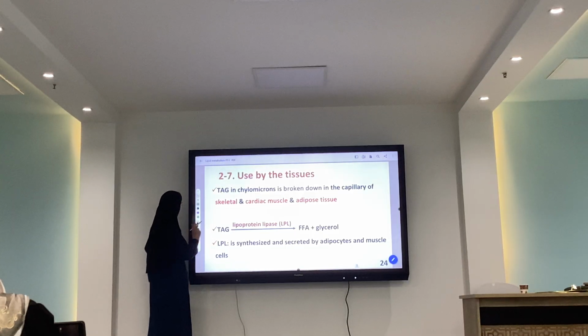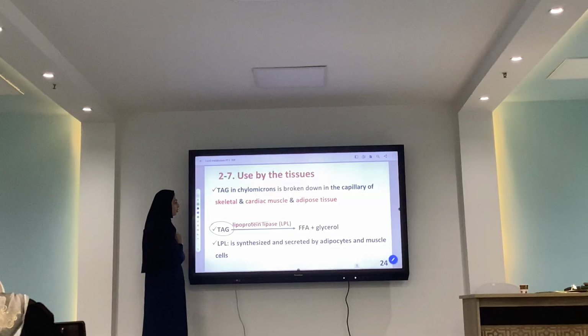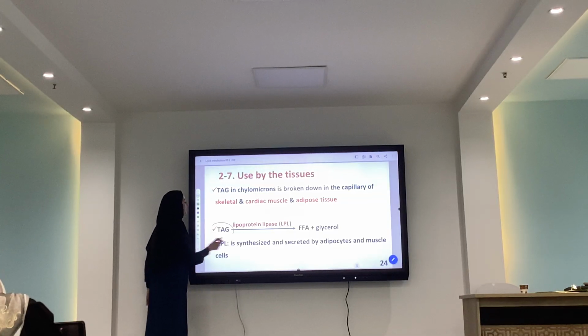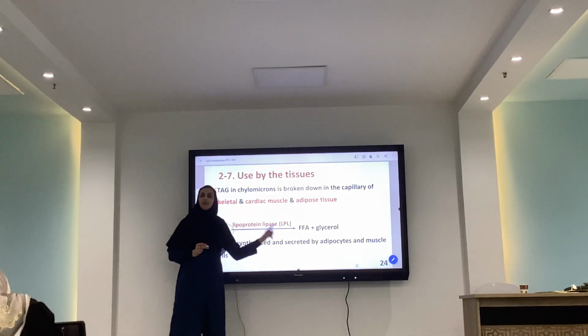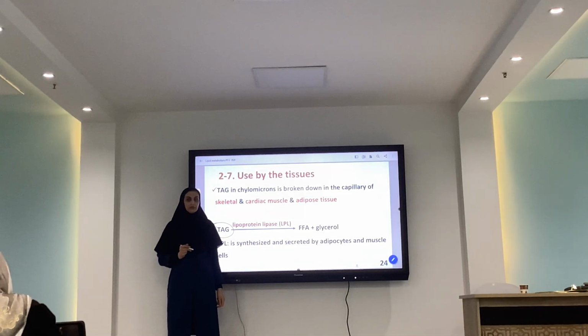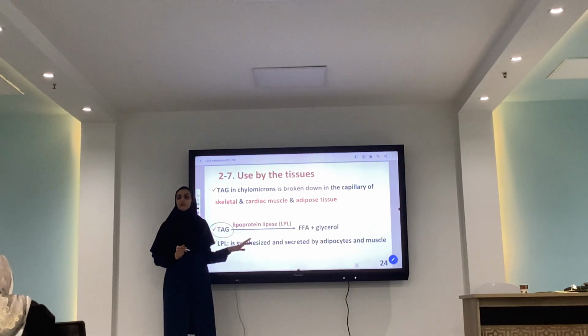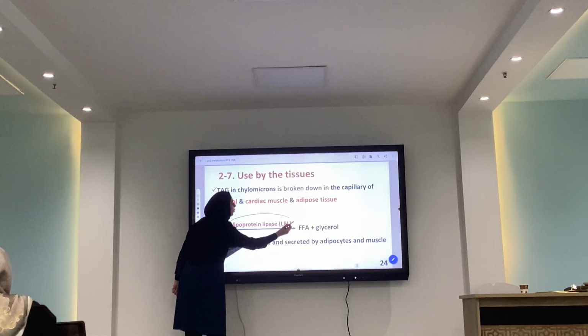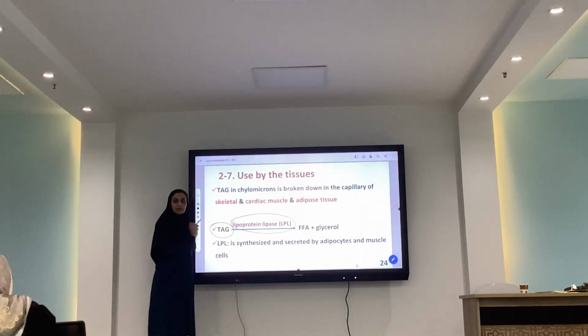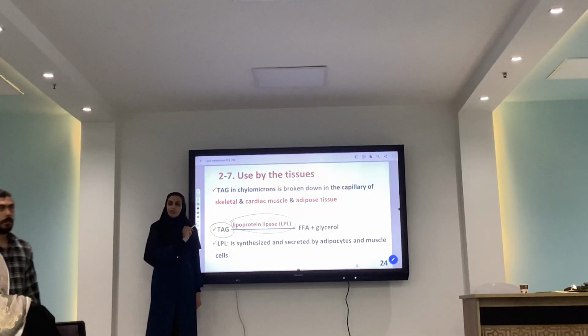For example, about TG or triacylglycerol, in your opinion, can it enter the cells in this form? No. It should be broken down with an enzyme called lipoprotein lipase. Lipoprotein lipase breaks it down to what?